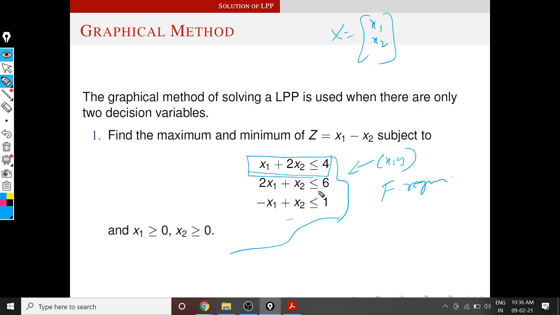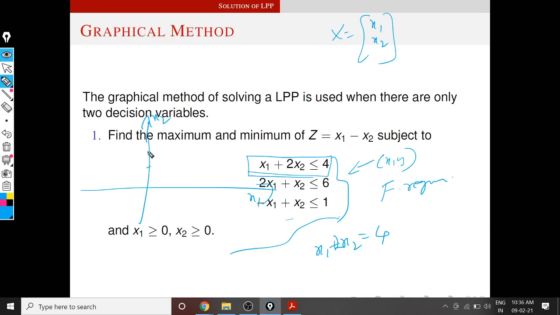How to find x1 plus 2x2 is less than or equal to 4? We know that x1 plus 2x2 equal to 4 is a straight line. How to find that straight line? By finding two points. What are the two points on this straight line? First of all, you choose x1 equal to 0. If this is our x1 and here our x2, if x1 equal to 0, then what is the value of x2? 2.